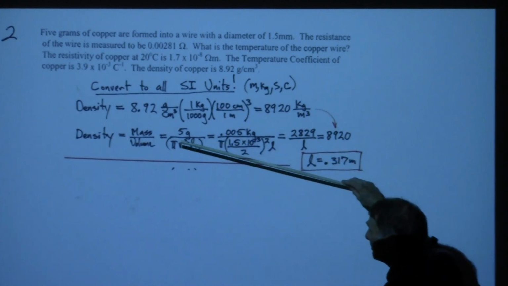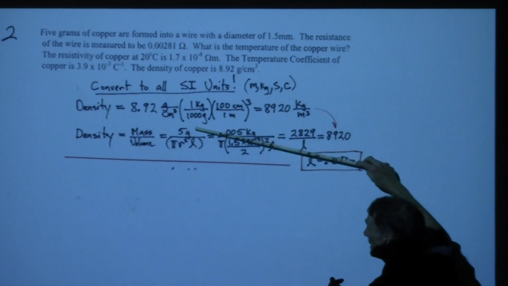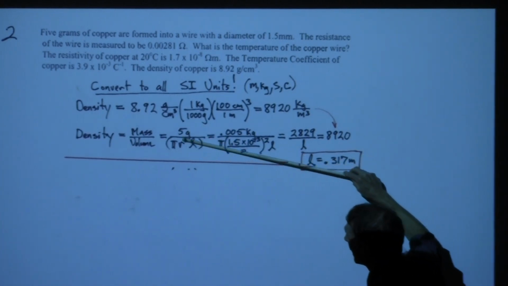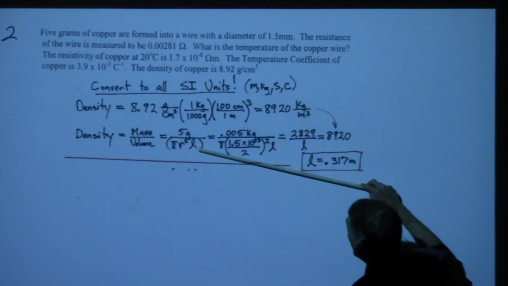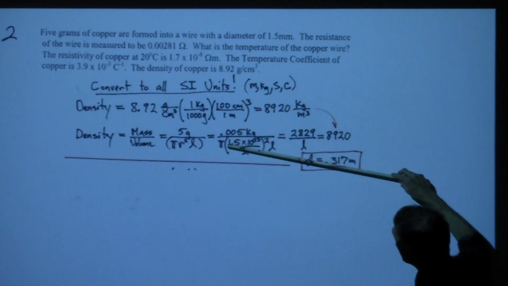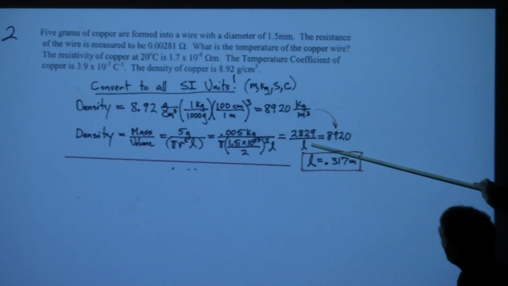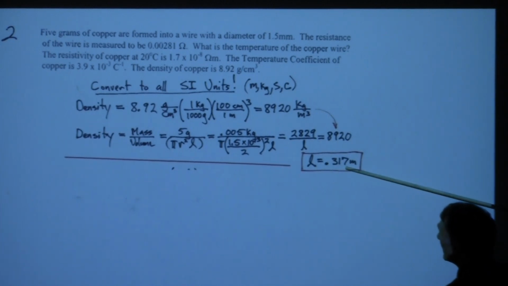And then I go back to the basic idea of density, that it's mass over volume. The mass of this is just 5 grams of copper, and over the volume, pi r squared, the cross-sectional area, times the length would be the volume. The only thing I don't know is the length of the wire, but from that I can get the length of the wire.